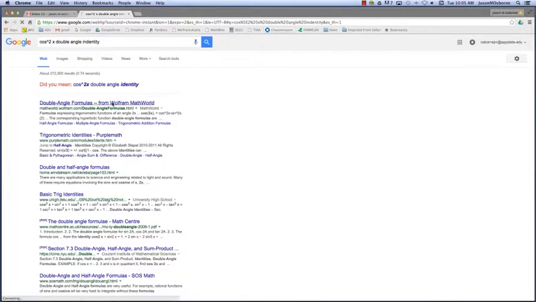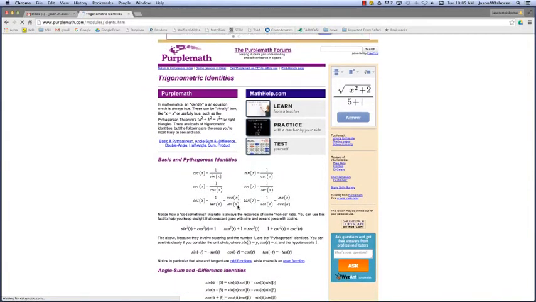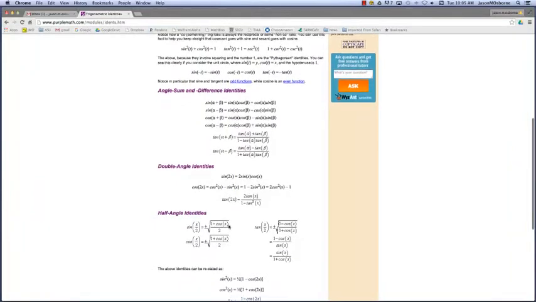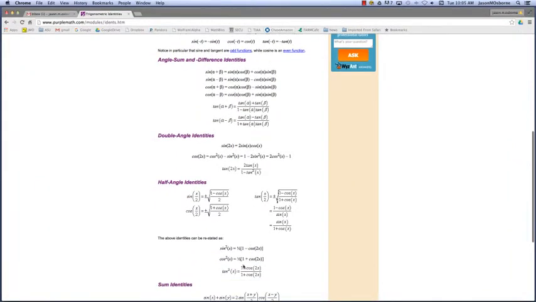Trig identity is fine. Let's take a look. Anything here that helps us out? Yeah, right here. Cosine squared theta is 1 plus cosine 2 theta divided by 2. Cosine squared theta is 1/2 plus cosine of 2 theta over 2.